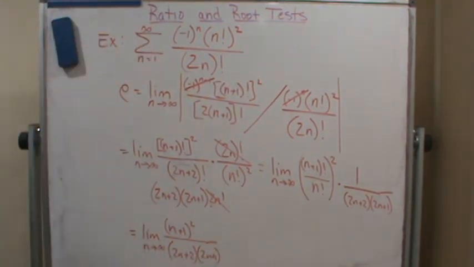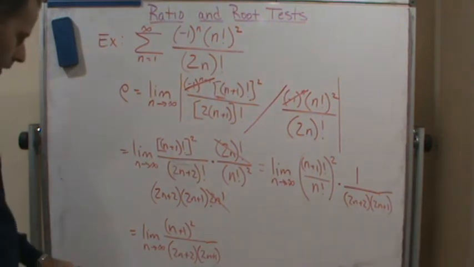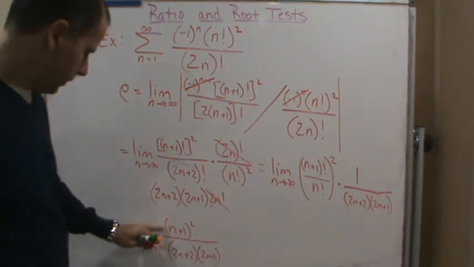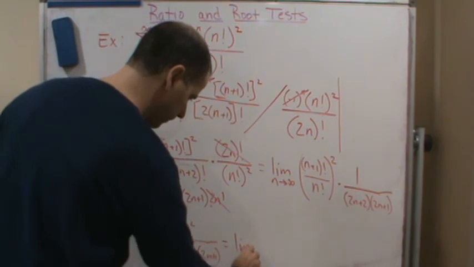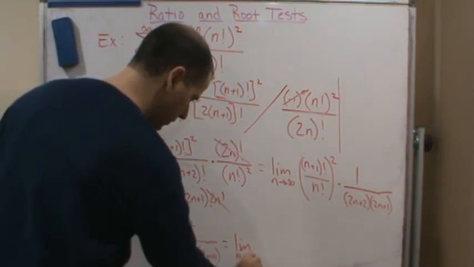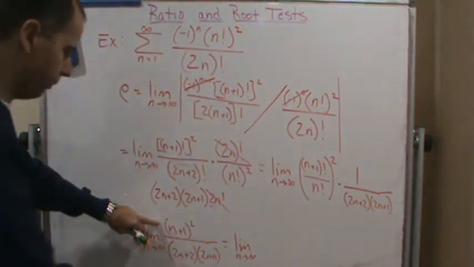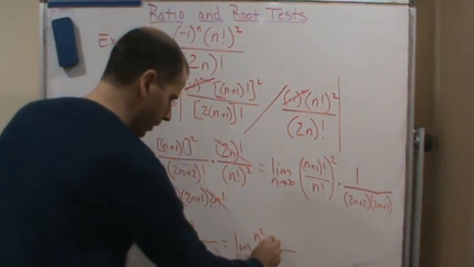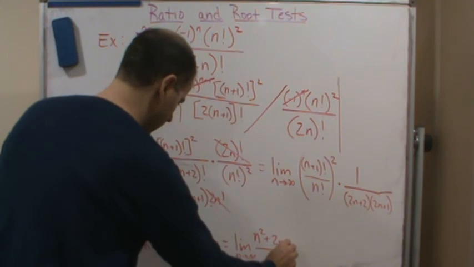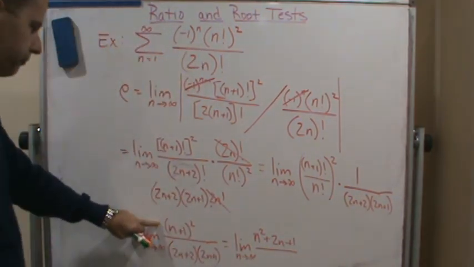Now this may not be obvious where this is going. So let's go further. Well, what does this expand into? So this is going to be the limit as n approaches infinity. And so what do we get? On the top we get n squared plus 2n plus 1.